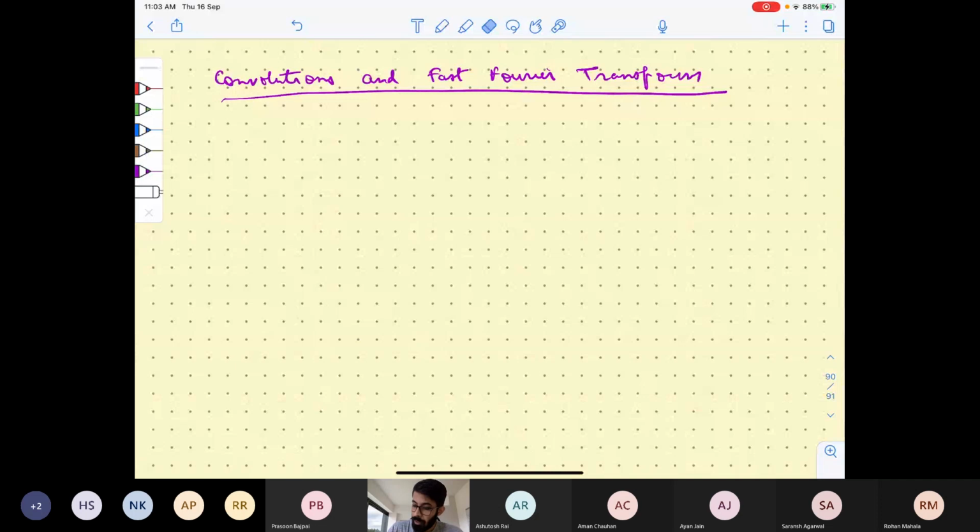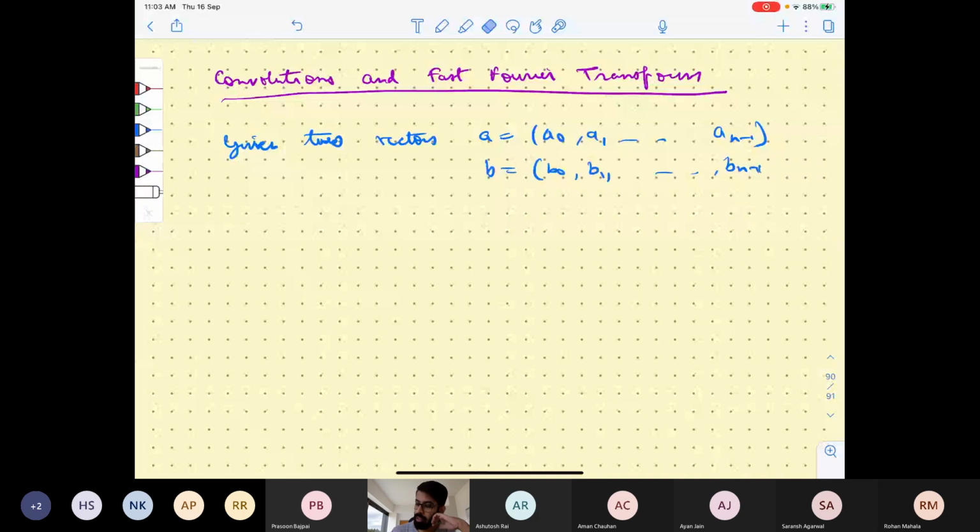So suppose we are given two vectors. Let's say A is equal to A0, A1 to An minus 1, and B is equal to B0, B1 to Bn minus 1. Now you want to combine or do some operation on these vectors.